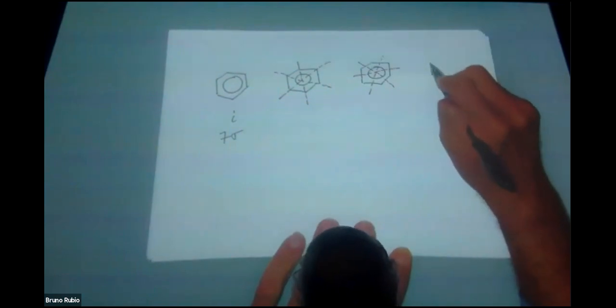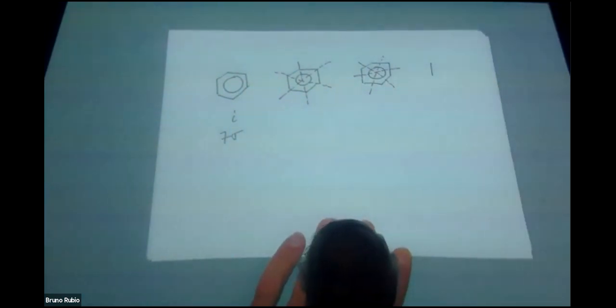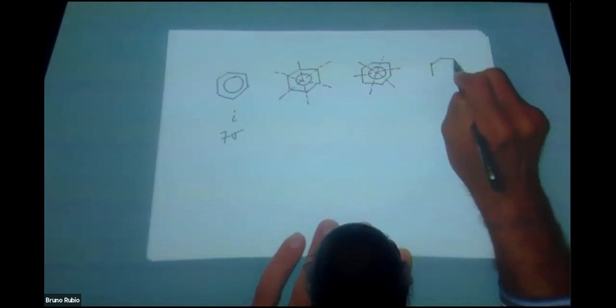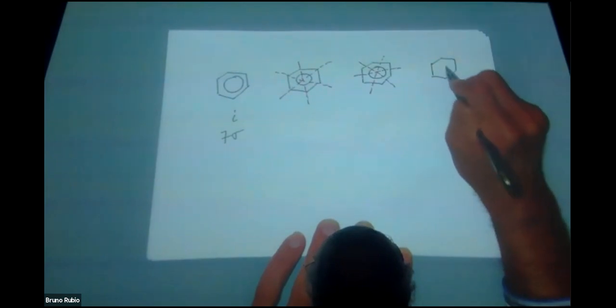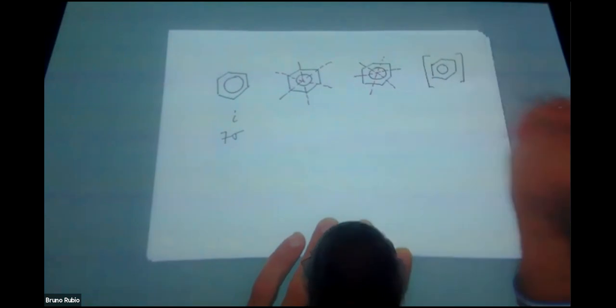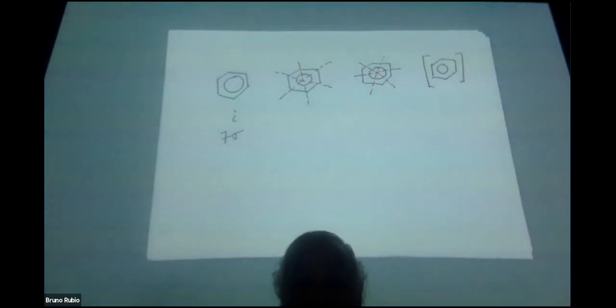So just on a piece of paper, if we want to show that, we call that the molecular plane. And maybe we could draw a bracket around that. That's usually how it's drawn. So those are the 7 planes of symmetry. Okay, so now let's go to the axes of symmetry.